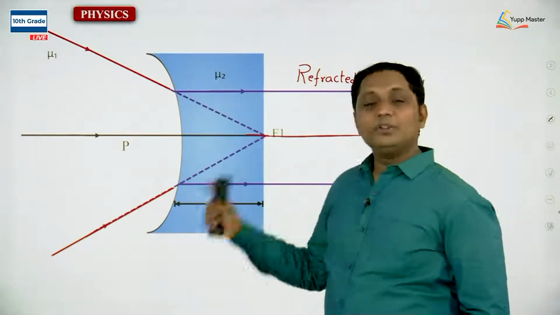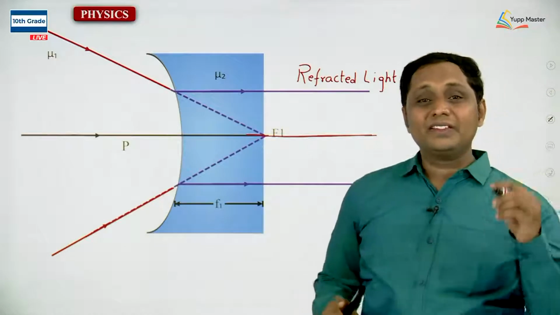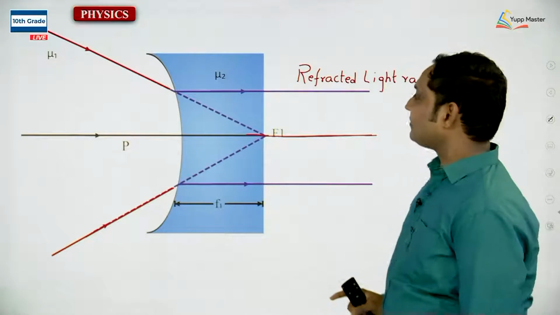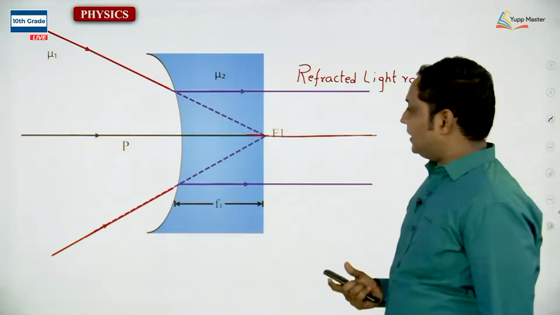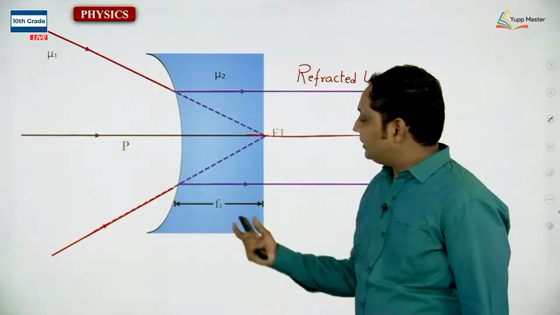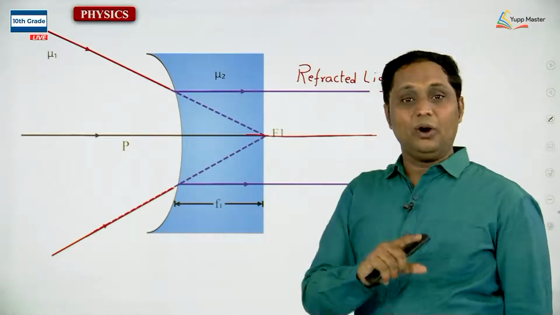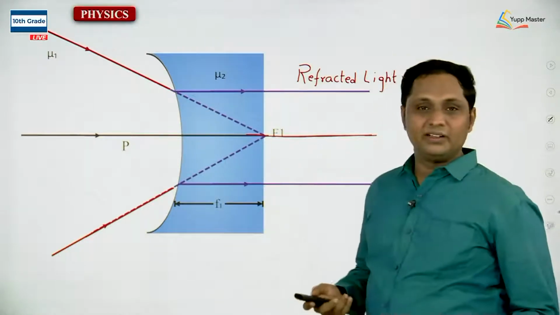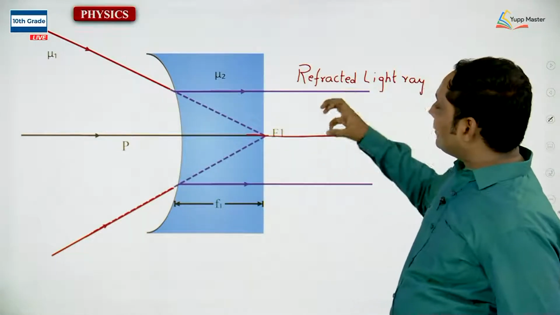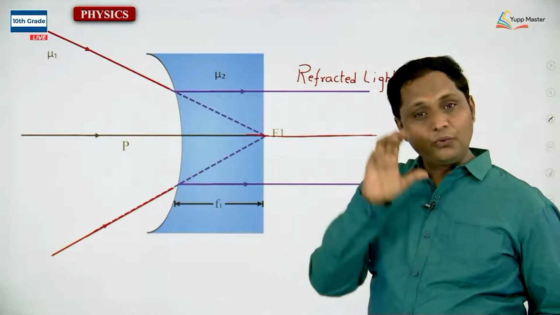While talking about this single curved refracting surface, F1 is the first principal focus. All the rays are about to meet at F1, and only then it is known as the first principal focus.